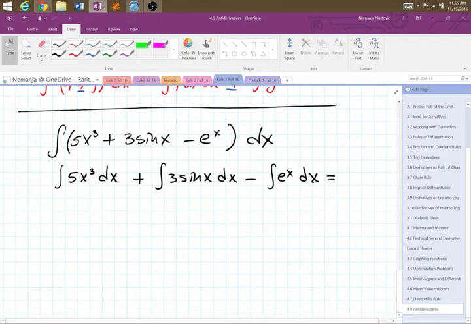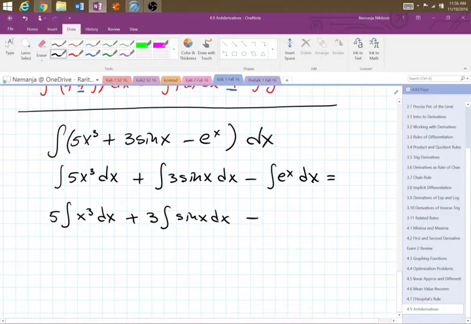And then I'm going to kick these constants outside. Observe that each integral has its own dx. Integral dx is the notation. You have to use dx on every term. And you will see in the next lecture why.